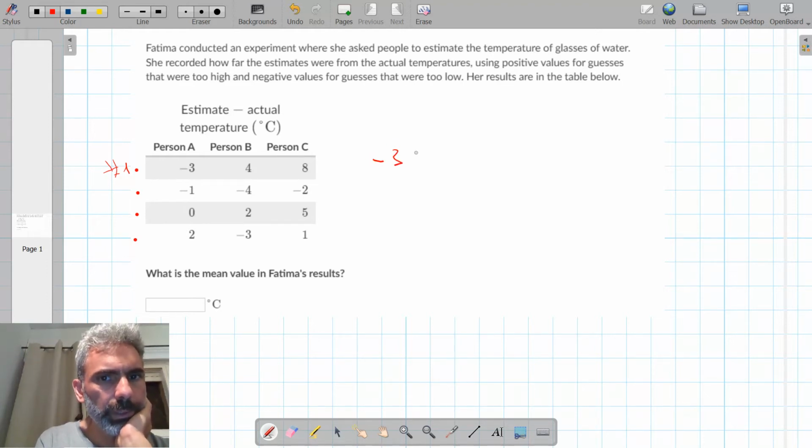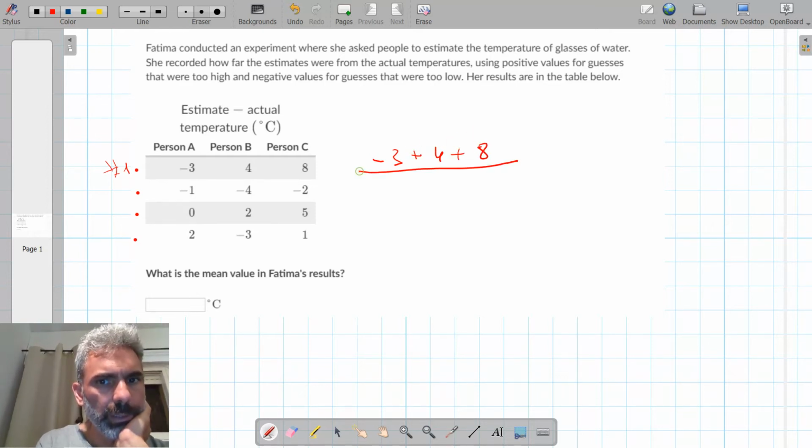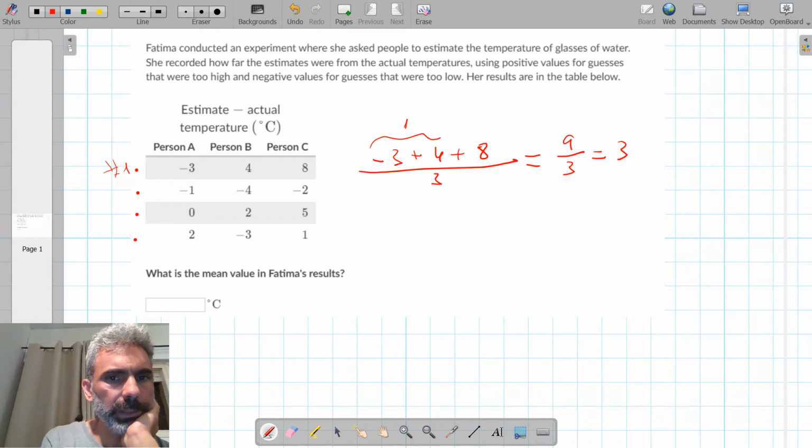So -3 plus 4 is plus 1. 1 plus 8 is 9. 9 over 3 is 3. So the mean for the first glass is 3 degrees Celsius.